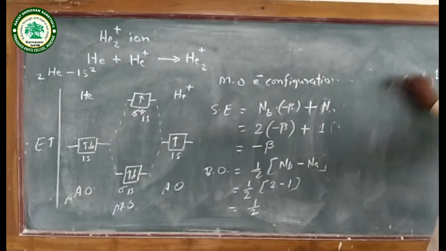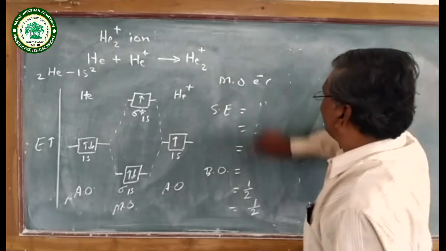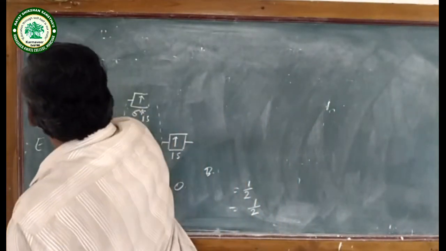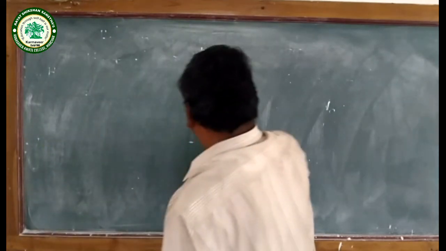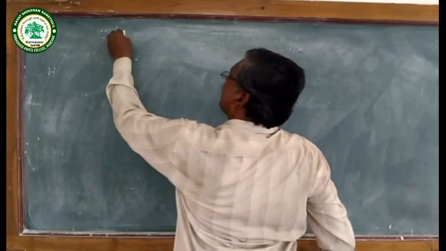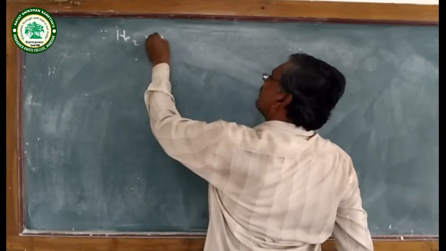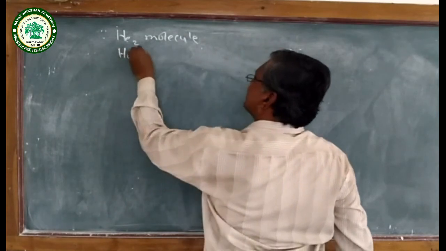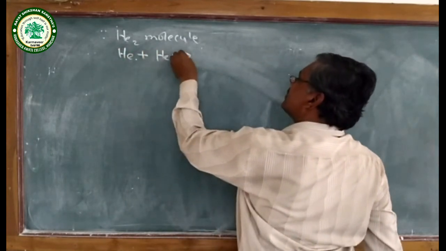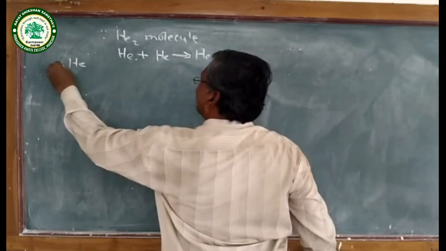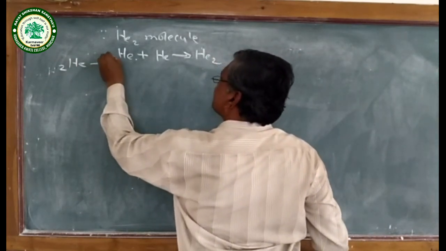Now let us consider the formation of the He2 molecule. In the He2 molecule, two helium atoms combine to form the He2 molecule. The reaction can be shown like this: He plus He gives He2. Helium atomic number 2, configuration is 1s2.